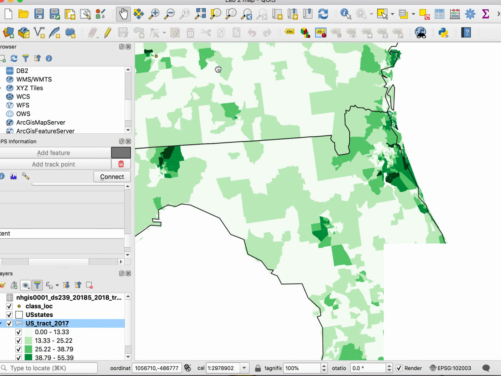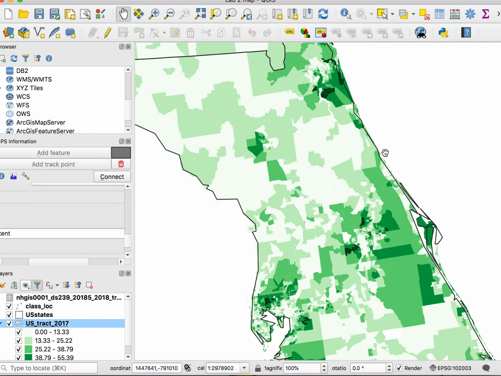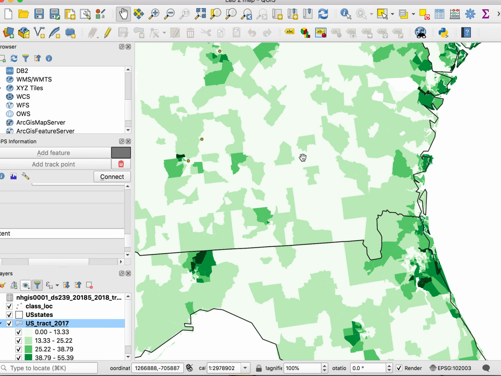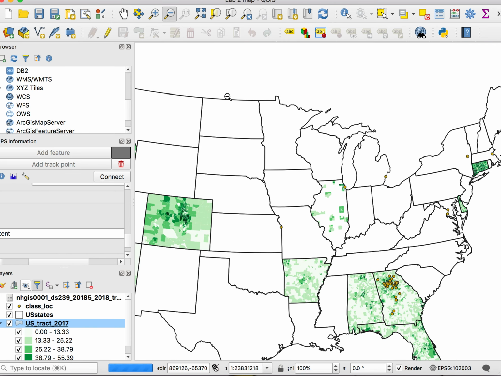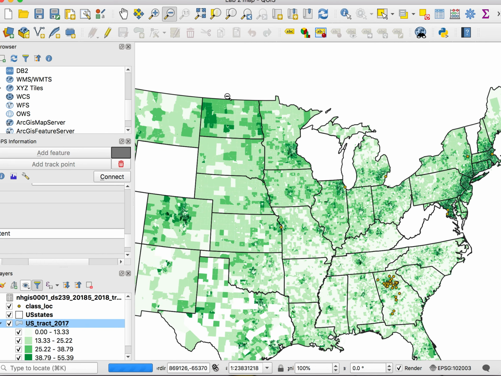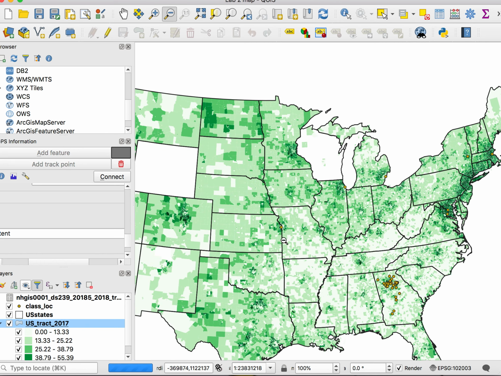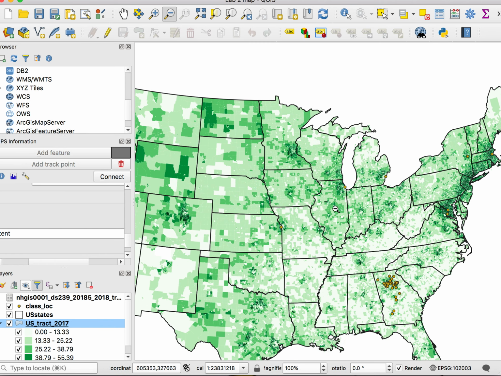Then if you go to Florida, there's a lot of coastal urban centers, and that's where the high income houses are. But if you scroll all the way out on the map, then you notice in the Midwest there's a lot less dark green, which means there's a lot less percent of high income households because there's not as large urban centers as compared to Atlanta or DC.